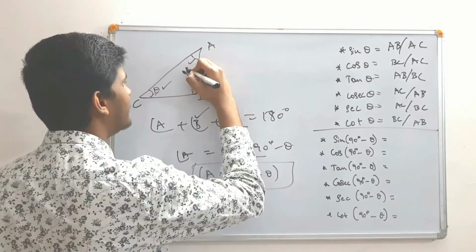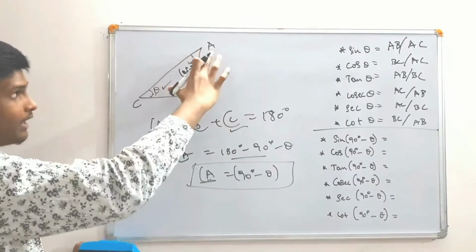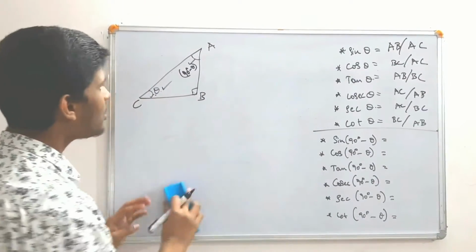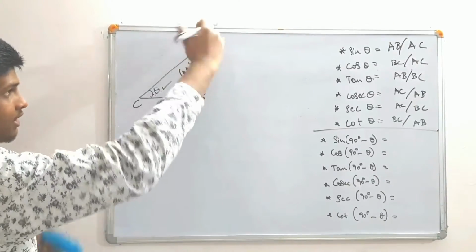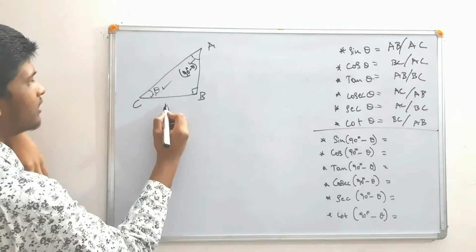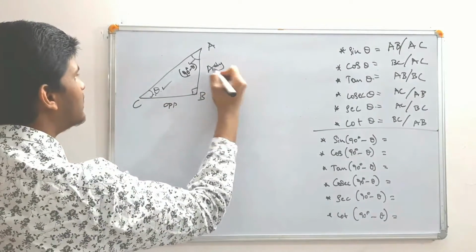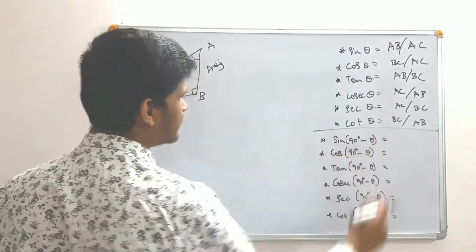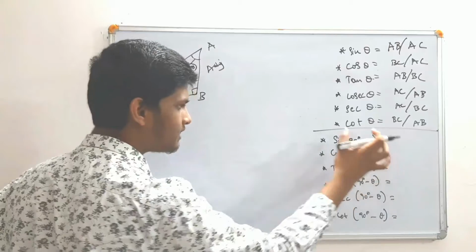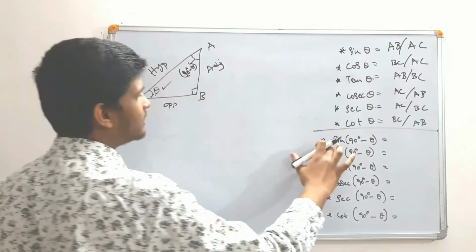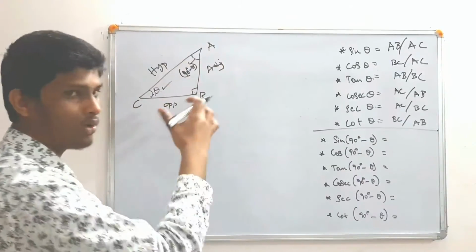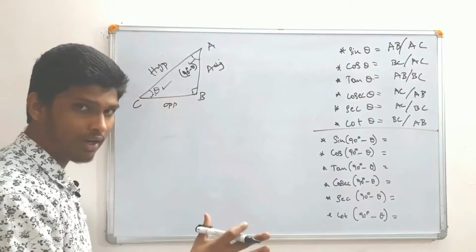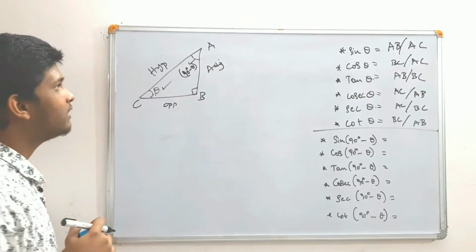If we find the ratios with respect to this angle, this is the opposite side, this is the adjacent side, and this is the hypotenuse. Now let's write the sine. Just consider this as sine for angle A. Angle A is 90 minus theta, as we found right now. If you didn't understand, just rewind and see once again.